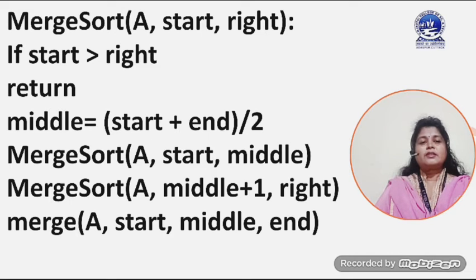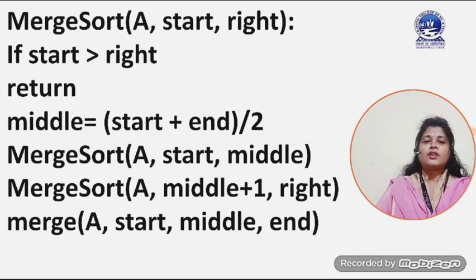For example, suppose your list consists of 10 locations, then in the first merge sort call we are using the sub list 1 to 5, and in the second merge sort call we are using locations 6 to 10. In this way merge sort will be called recursively a number of times, and at each step it will divide the list into smaller subparts until no more subdivision is possible.